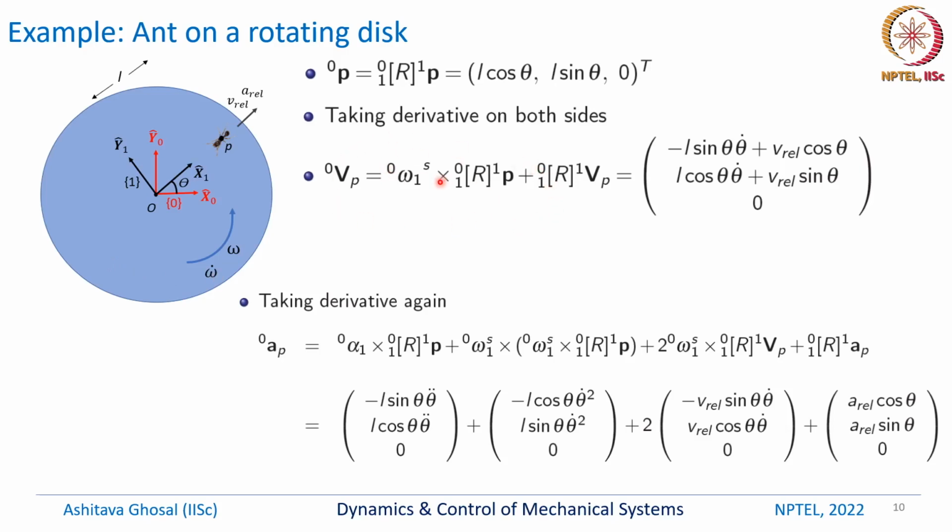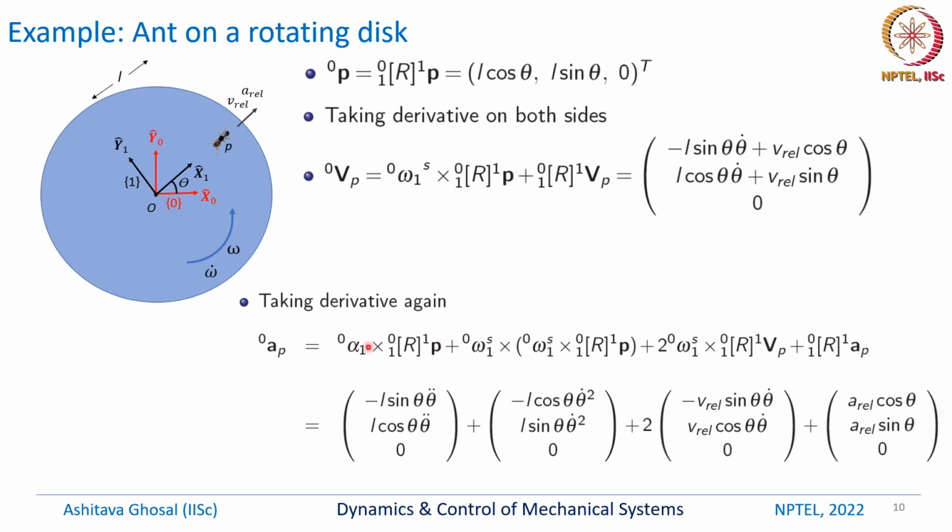We can again take the derivative of this, which will give us the acceleration. In the last slide, I had shown you that there were 5 terms in the acceleration. The same thing is here, except one term is not there, because the origins of the 2 coordinate systems are at the same place. So the AOB term is not there, but the tangential acceleration is there, the centripetal acceleration is there, the Coriolis acceleration is there, and the acceleration of the ant itself in the 1 coordinate system is also there.